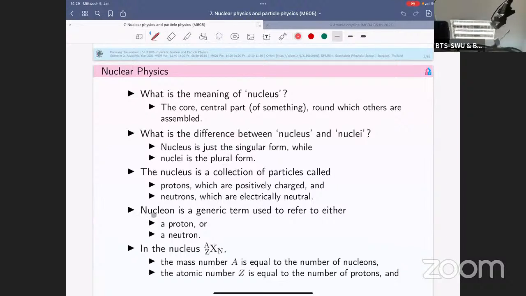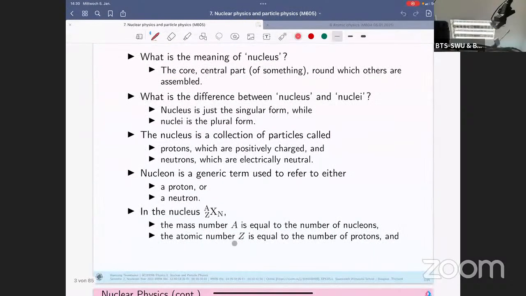When you say nucleon, it can mean either proton or neutron, depending on the context. In the nucleus, we won't talk about the electron orbits anymore because it was already addressed in the previous chapter.